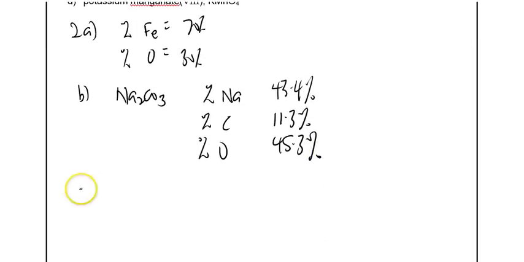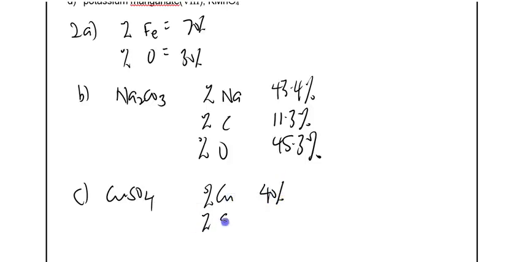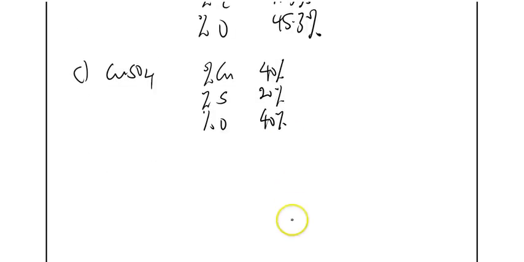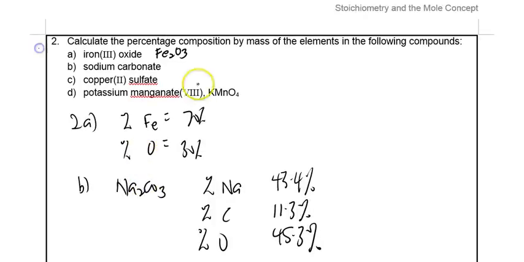For copper 2 sulfate, CuSO4, percent copper you should have 40%, percent sulfur you should have 20%, and percent oxygen you should have 40%. And part D, potassium manganate 7, KMnO4. This should be 7, not 8.